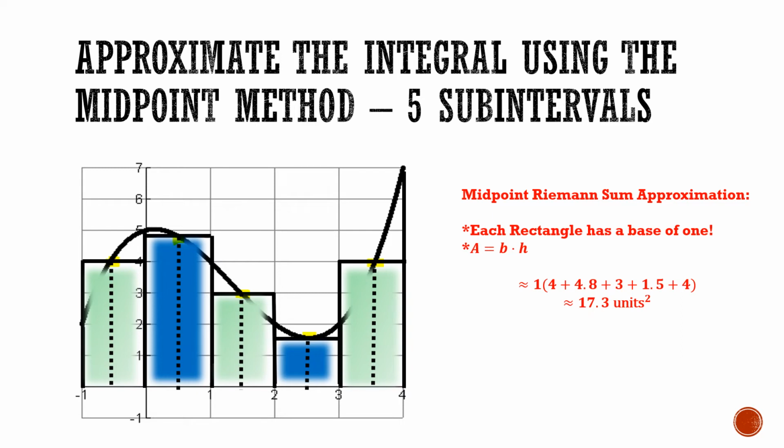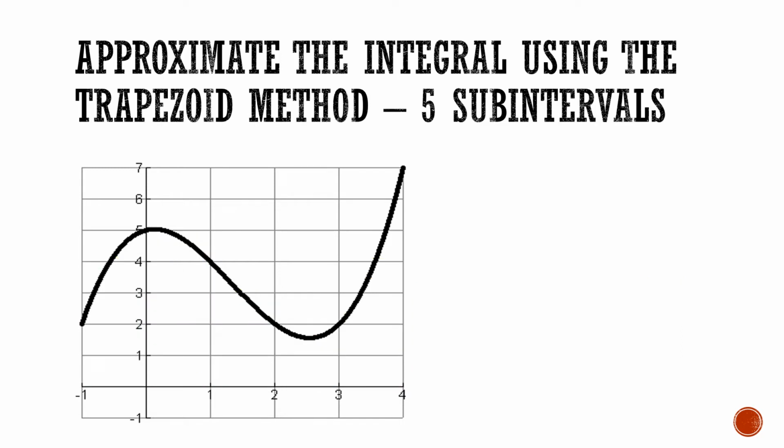All right, so next we have the same exact graph. We're approximating the integral this time using the trapezoid method, which is really my favorite method. I feel like it gives you the best approximation. We're doing 5 subintervals again, so I'm breaking it up into my 5 intervals. And then for your trapezoid method, you're going to connect your endpoints.